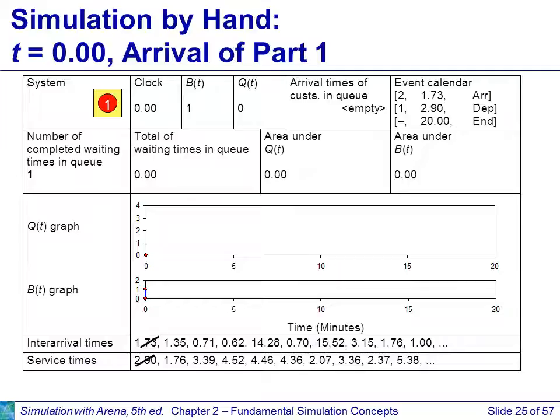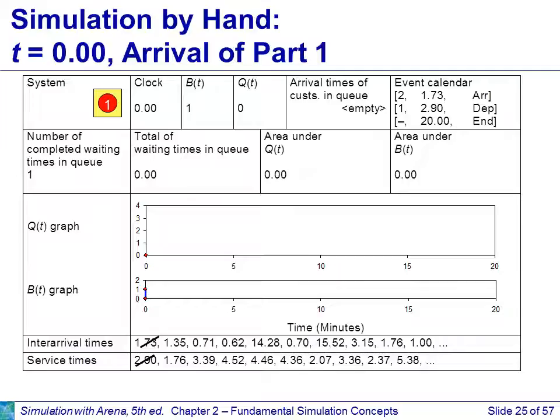So you can see that here in the event calendar, we listed the events based on the time, right? In the order of increasing time.